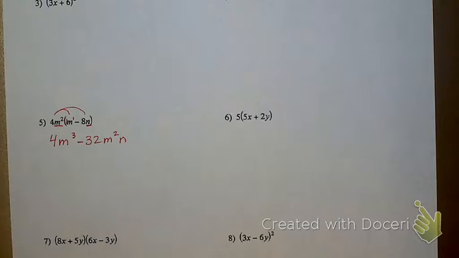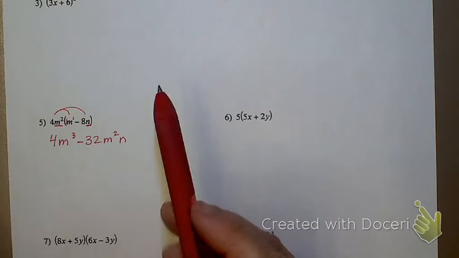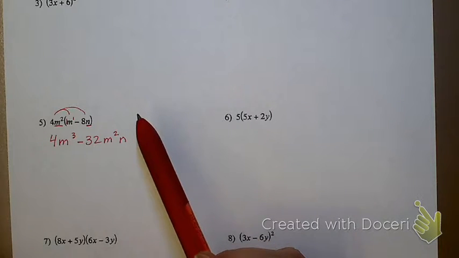Now, listen very carefully for a minute. When we talk about standard form for expressions that have more than one letter, we want to keep the letters in alphabetical order, so I have the m before the n. Beyond that, we only look at the letter that comes first alphabetically.